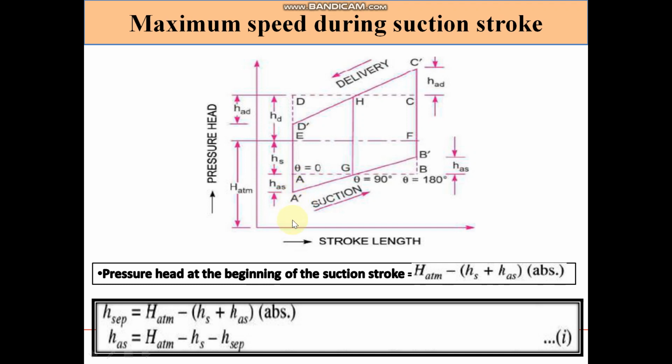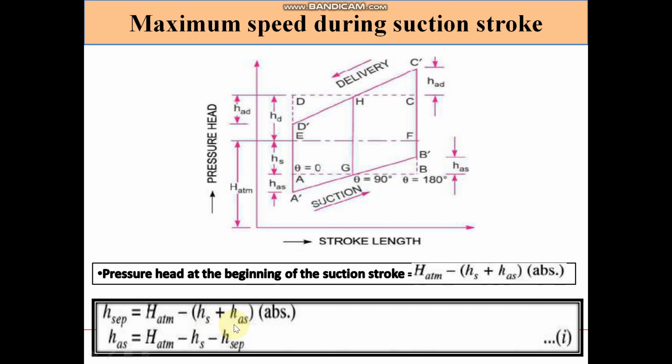So this value becomes the pressure head at the beginning of suction stroke where cavitation may occur, and this value can be written as atmospheric pressure head minus acceleration pressure head plus suction head. For the limiting case, let's take this value as the separation pressure head. So the separation pressure head becomes atmospheric pressure head minus HS plus HAS.